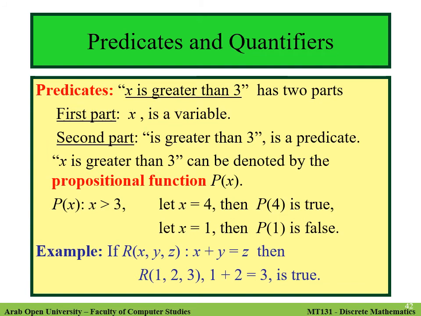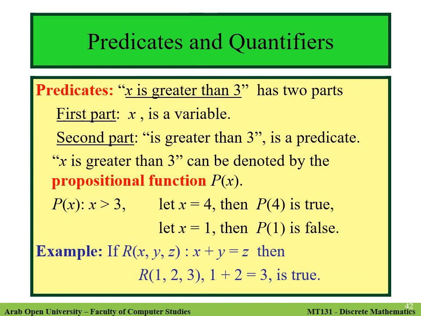Here's an example of a predicate that has 3 variables. R of x, y, z is the statement x plus y equals z. The first plus the second equals the third. So now to use the predicate, if you evaluate the predicate at certain values of the variables, you should get a proposition and you can decide whether it's true or false.